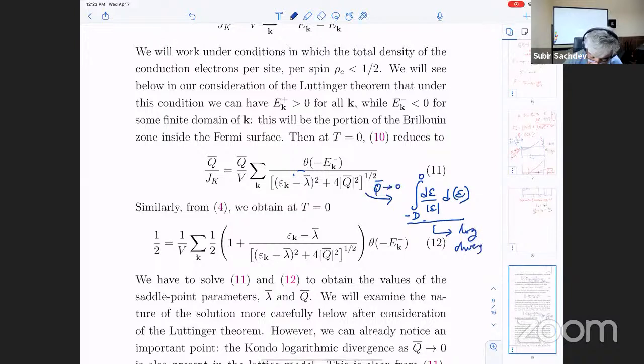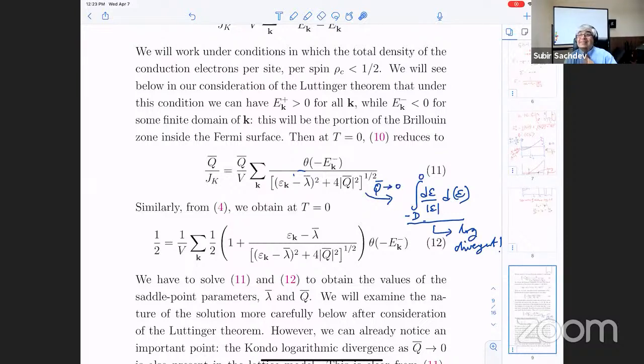So the Kondo log survives, at least in this mean field theory. And since this survives, it means it's always possible to get a non-zero Q bar solution other than Q bar equals 0. And that will also be the lower energy solution, and that's something you're going to look at in a homework problem that I have in mind.